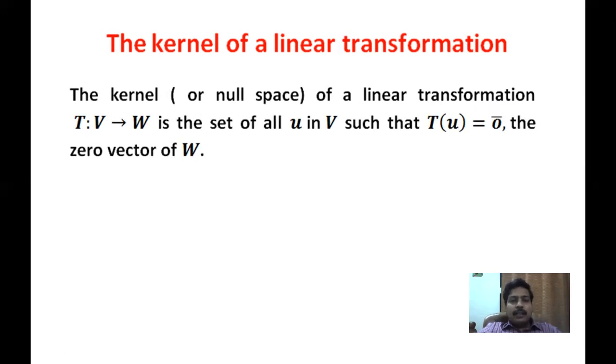The kernel or null space of a linear transformation T from V to W is the set of all U in V such that T of U is equal to 0 bar, the 0 vector in W. Here I have taken 0 bar to distinguish the 0 vector in V and 0 vector in W. So the kernel of a linear transformation is the set of some vectors in V which are mapped onto the 0 vector of W.